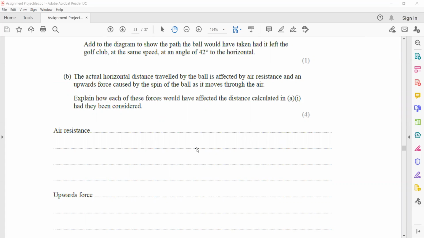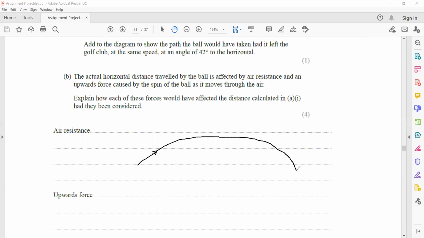If there is an upward force due to the spin, and first, if there is air resistance, air resistance opposes the motion, so it reduces the time of the flight. If a projectile remains for a longer period of time, it will cover a greater distance. Say you launch a projectile not affected by air resistance.